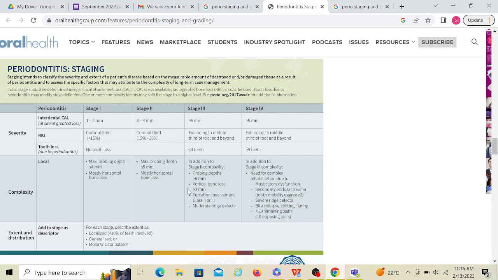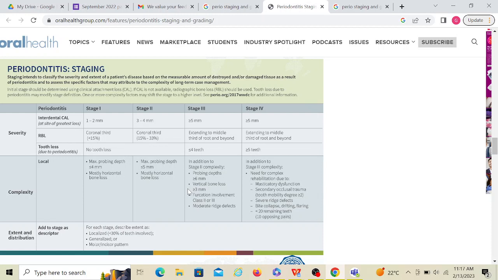And if I give you a question saying that there is a generalized bone recession of like 4 to 5 mm, and in one of the molars there is furcation involvement of class 2, I will read the question again because it's 4 to 5 mm. It's not crossing 5 mm, so I will be like, okay, it can be stage 2 or stage 3. But the moment I say furcation involvement, I will jump to stage 3. Now I can still be confused in stage 3 and stage 4 if I'm a very confused person.